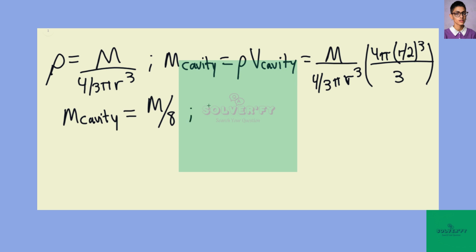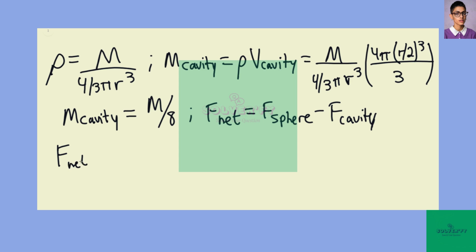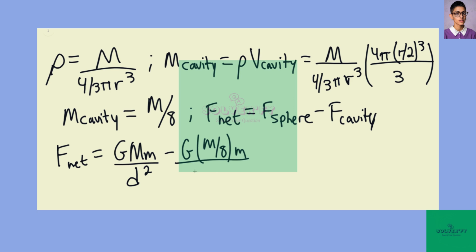So we can see that the net force is going to be equal to the force of the solid sphere minus the force of the cavity. So we can say that the net force will be equal to G M divided by d squared minus the gravitational constant times M over 8 times lowercase m divided by d minus r over 2 quantity squared.